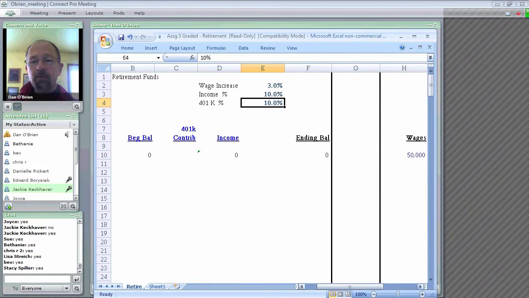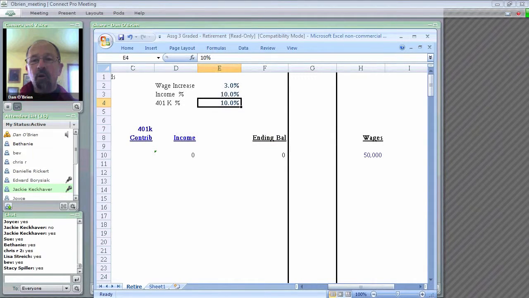On the spreadsheet, we are going to start with the wages at 50,000. Well, what are we going to do? We're going to say those wages are going to increase by 3% a year.